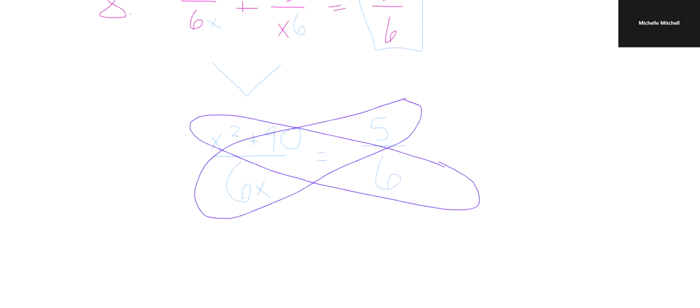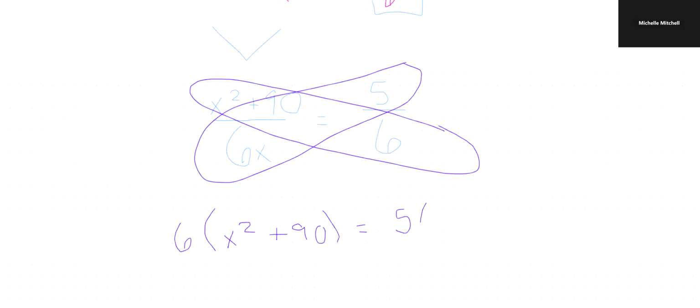Let me wrap this one up really quickly. So when we do this problem, we're going to have 6 times x squared plus 90 equals 5 times 6x.